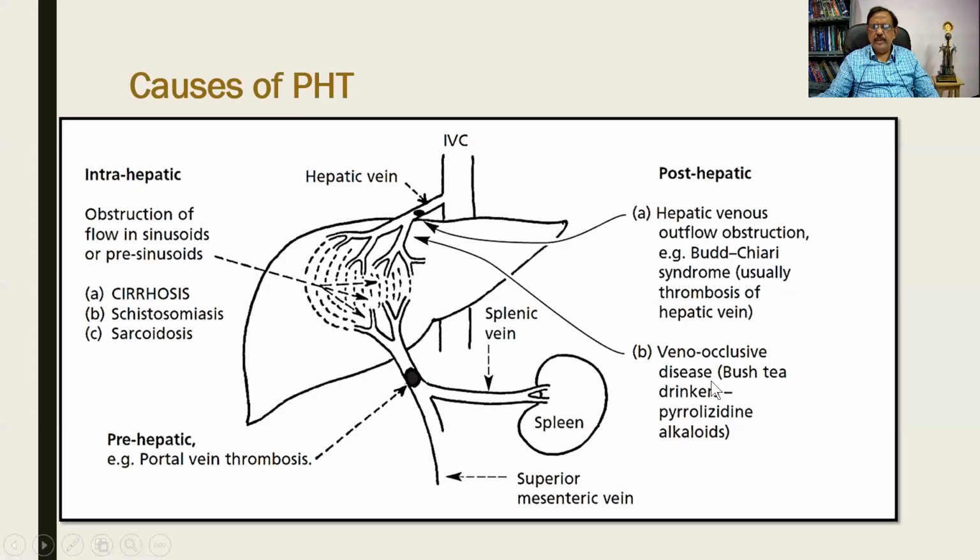Sometimes there can be a veno-occlusive disease, as in the Bush tea drinkers. Also, you find that pre-hepatic, before the veins reach the liver, there can be a thrombosis, etc. That can lead to a portal hypertension. Various causes are there. I would like you people to kindly go through the list.